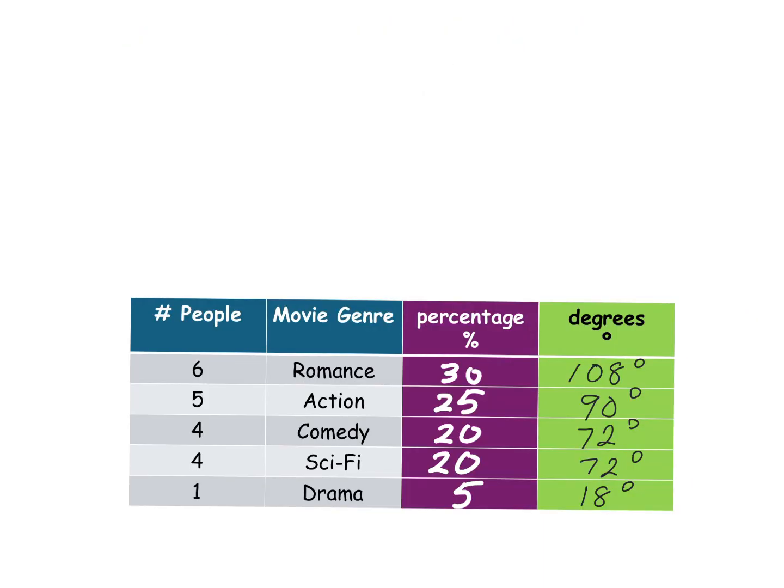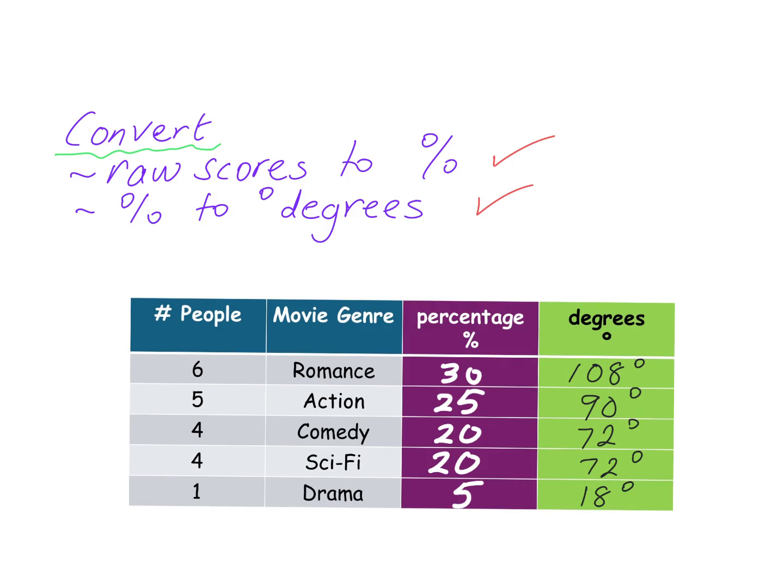So there you go. I've been able to convert raw scores to a percentage and convert percentages to degrees for the pie chart. A big shout out to Pam Harris and Kim Montague of Math is Figureoutable, who continually inspire me to mathematise and to reason in maths.